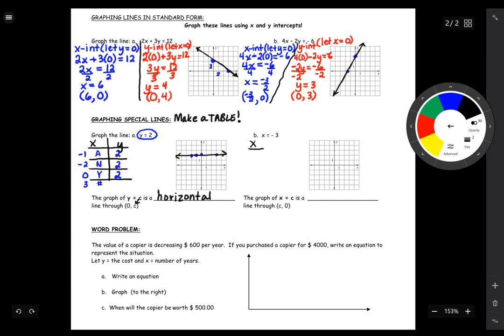So x, y, 1, 2, 3. This time, x is -3, and y can be any number you want it to be. I wouldn't pick something like 1,000 because for one thing, it's not going to fit on your graph.